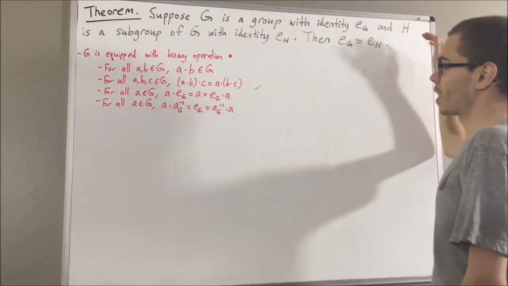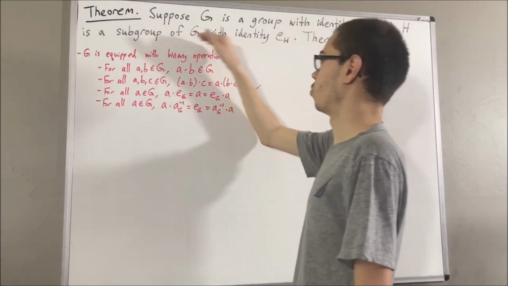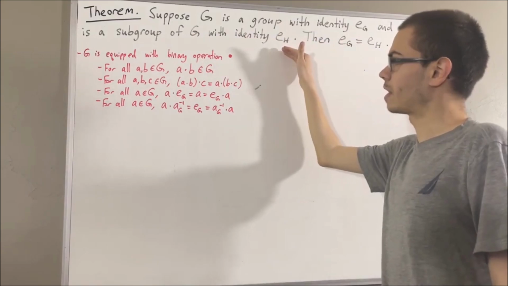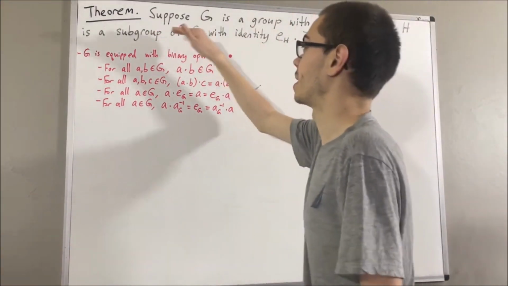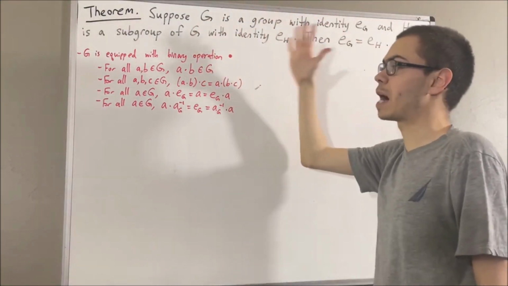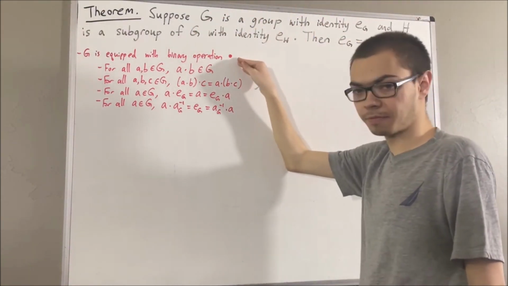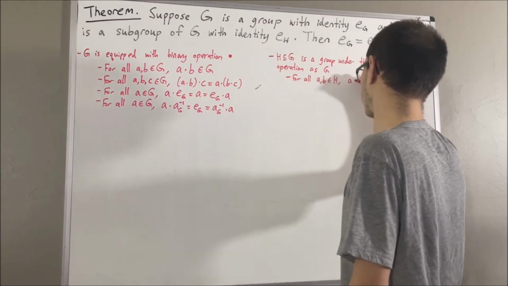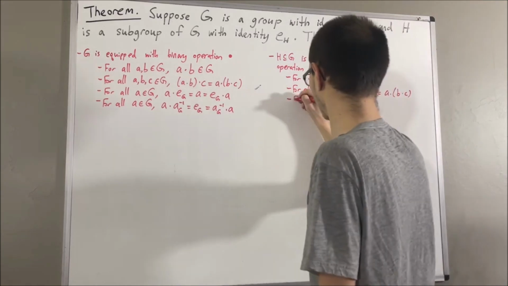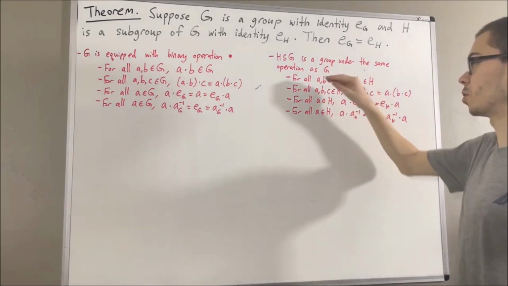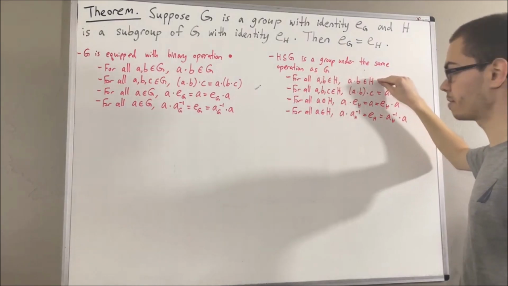So then, what does it mean for H to be a subgroup of G with identity element EH? Well, that tells us that H is a subset of G, and H is a group under the same operation as G. So H is closed under that operation.